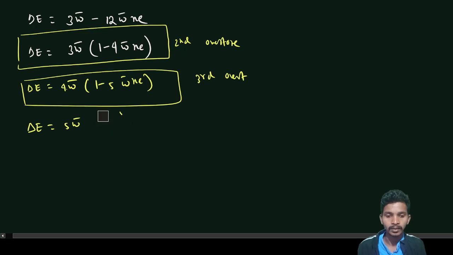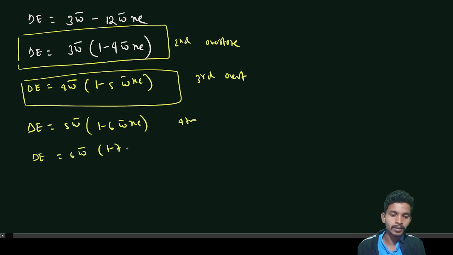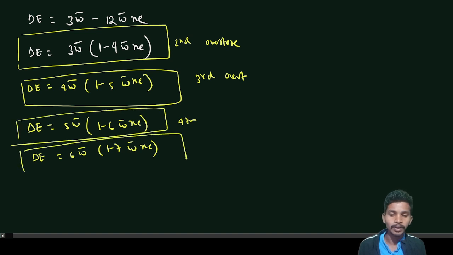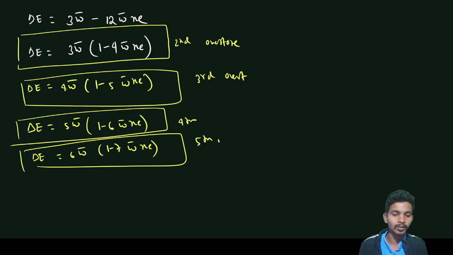I can write 1 minus 6 xe. This is for the fourth, and if I go again, then I say 6ω 1 minus 7 ωxe, like this. This value simply increases by 1, and this value increases by 1, like that we can go for fifth order terms.